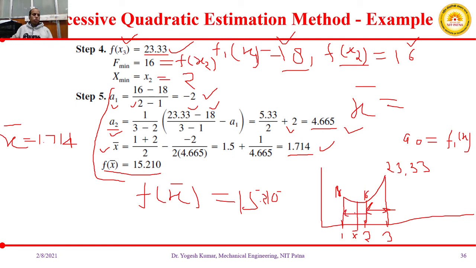Because it is a case of minimization, on which side should we try to find the solution? Any student? Okay, because we have got one value which is less than 16, we will search for the solution on the left hand side.